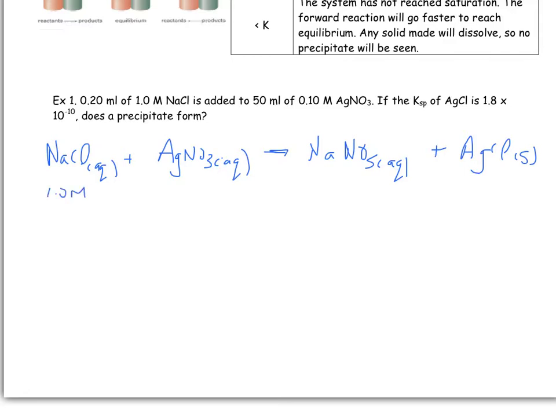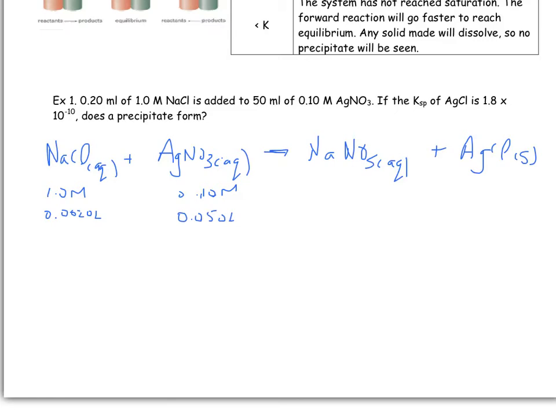We have a 1 mole per liter sodium chloride solution, and we're going to use our tiny drop, 0.0020 liters. We have a 0.1 mole per liter silver nitrate solution, and we're going to use 50 mils, or 0.05 liters.